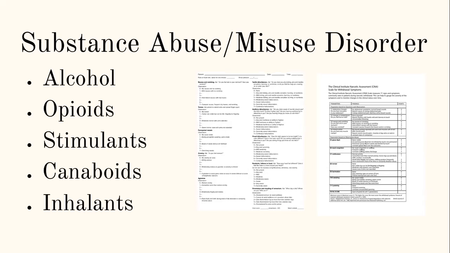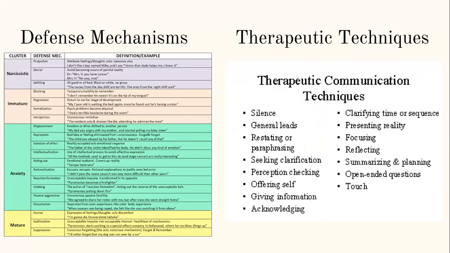The COWS scale helps us to identify what symptoms the patients are having so that we can treat them symptomatically. With our substance abuse and misuse disorders, we do have to have very frequent monitoring. They are going to be on withdrawal precautions, seizure precautions, and we would want to really help them find a place of recovery.